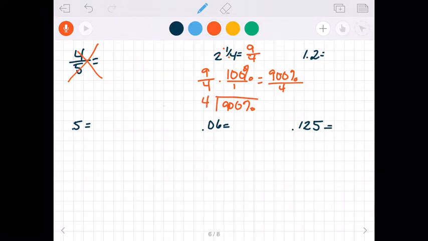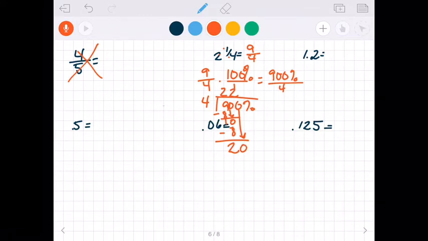Well, 4 goes into 9 2 times. 2 times 4 is 8. We subtract, we get 1, and bring down the 0. I'm running into my other writing. 4 goes into 10. How many times? Twice. 2 times 4 is 8. Subtract. We get a 2. Bring down the 0.